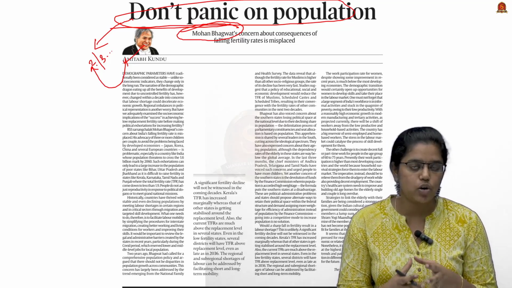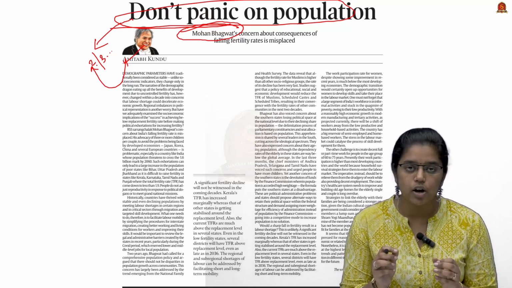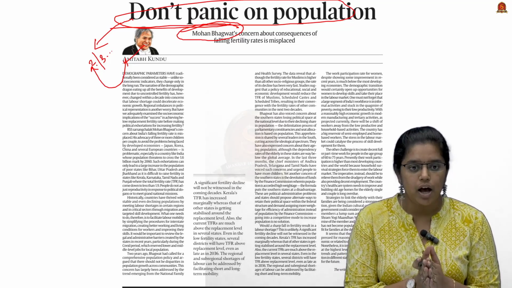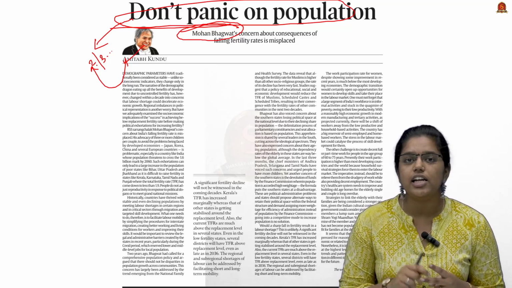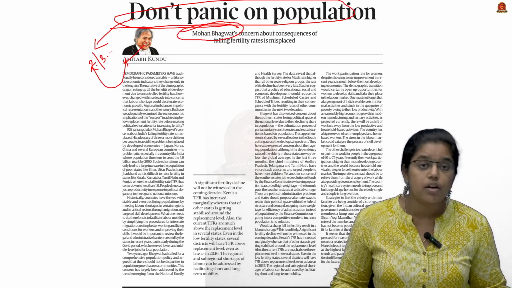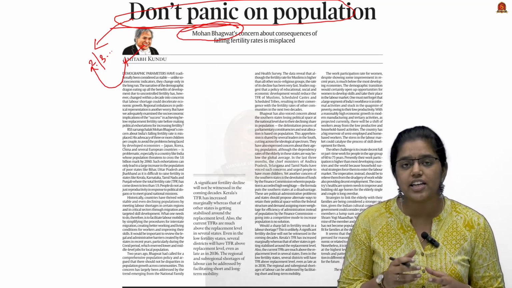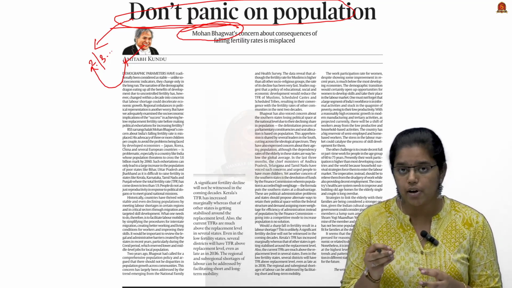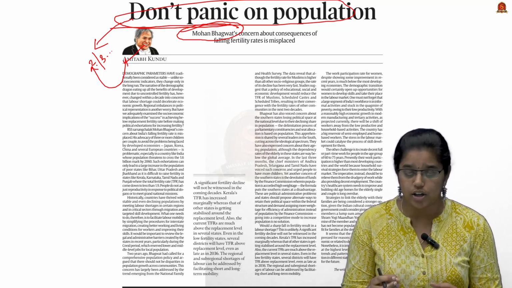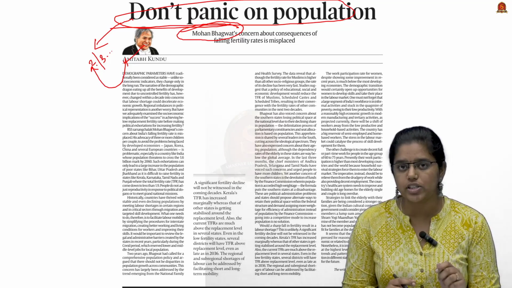Firstly, we need to understand the term fertility rate, and the article deals with two main questions. Can the falling fertility rates cause labor depletion or labor shortage in India, and how can this be dealt with?